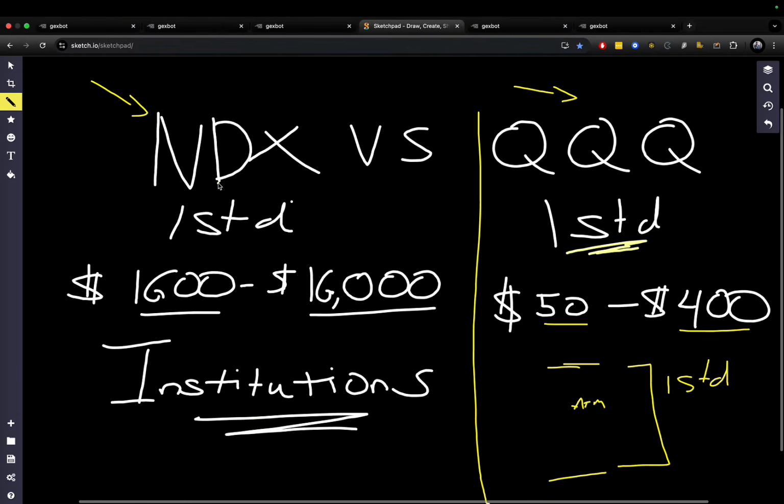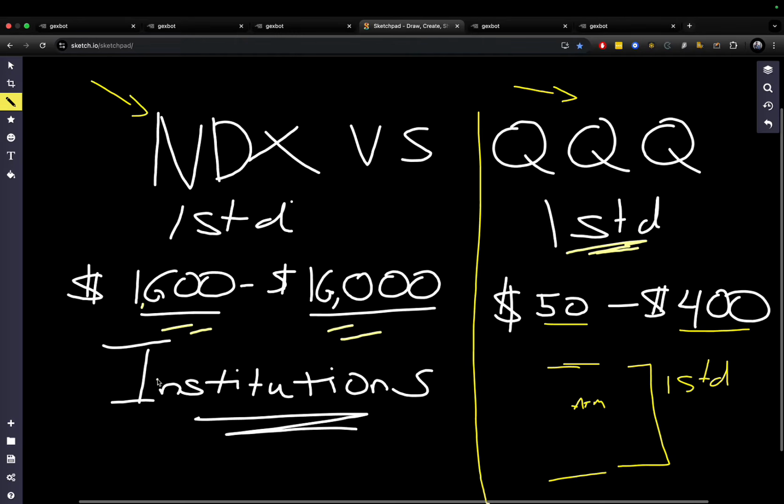But when you have a look at the NDX within the first standard deviation, the price of a contract is between $1,600 and $16,000, right? So clearly these are very expensive and only institutions trade on these markets. I call them the intelligent traders, the ones who know what they're doing.